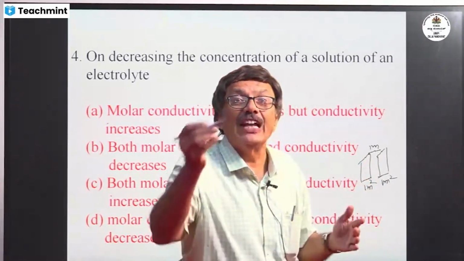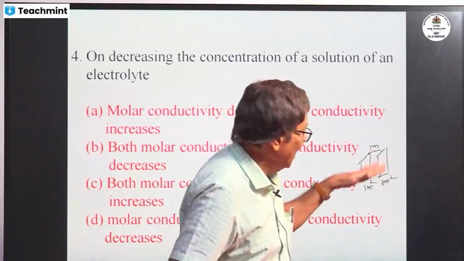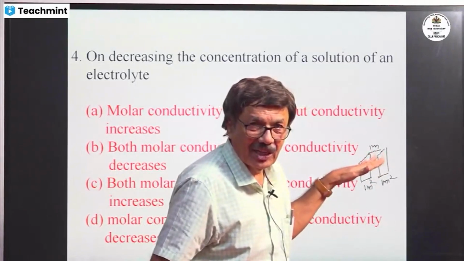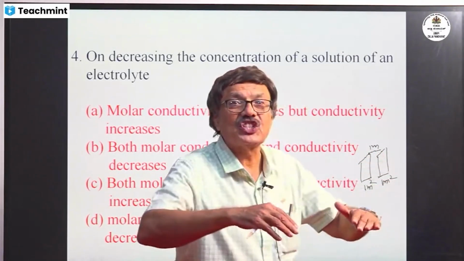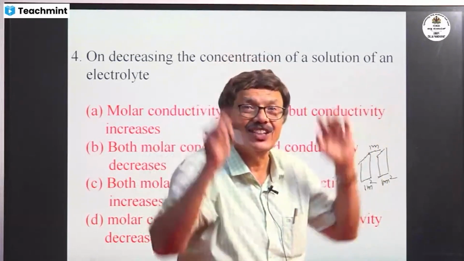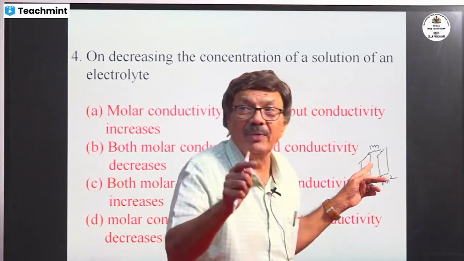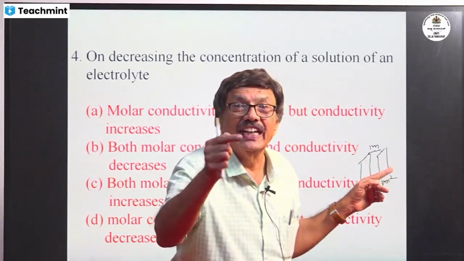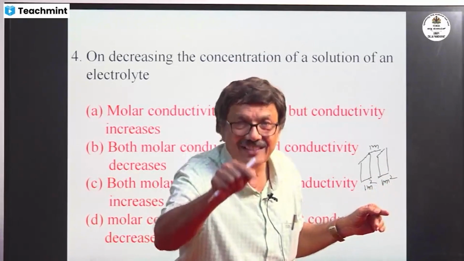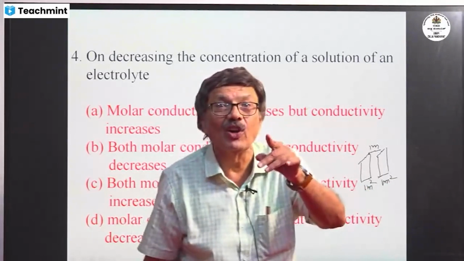So if you dilute the solution, the same ions which are present in 1 meter cube of the solution get distributed in a larger volume. So the number of ions per meter cube of the solution decreases on dilution. Since the number of ions decreases on dilution, conductivity also decreases.